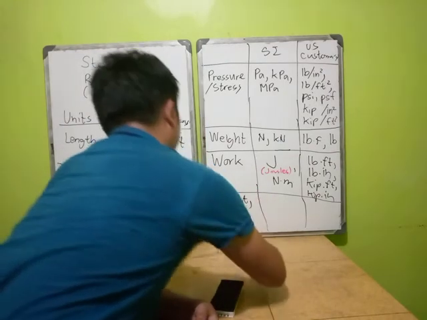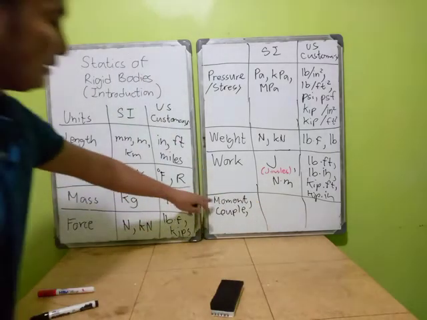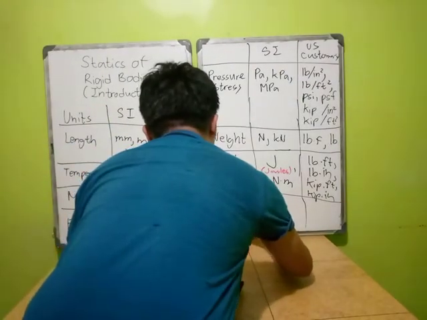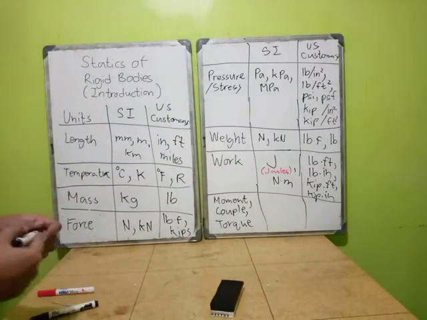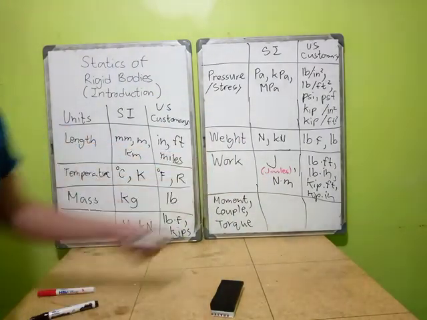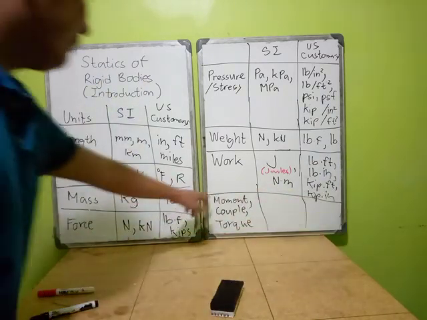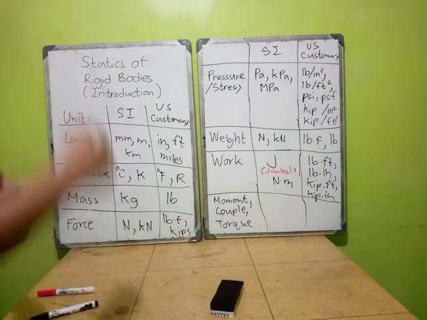Okay? Couple. Okay, so this is for moment, couple, and torque. Okay? So technically speaking, pareho sila ng unit nitong work. But somehow kapag work kasi, may force and then may distance kung saan siya na-displace. Pero dito sa moment or torque, posible nagro-rotate lang siya.